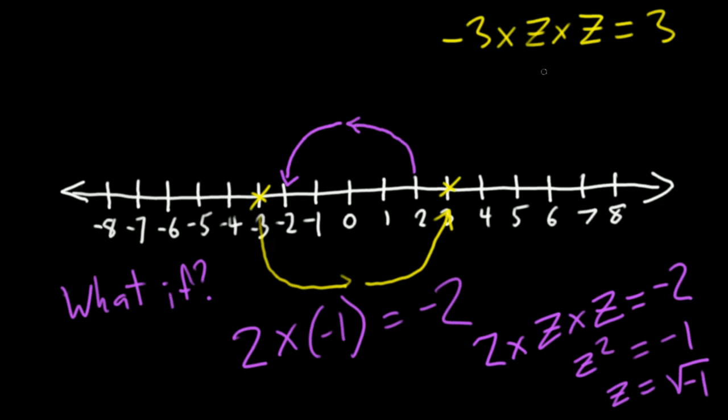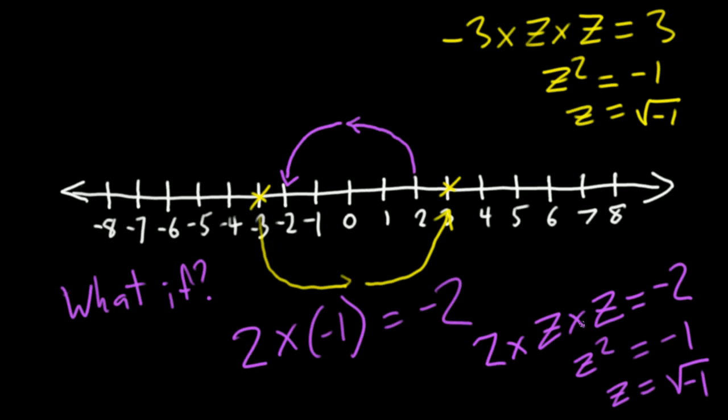Okay, if we solve for z, we get z squared equals 3 over -3, which is -1. And so again, we find that z is equal to the square root of -1. It's consistent with the answer that we got trying a different case. That's a good indication that we might be onto something here.